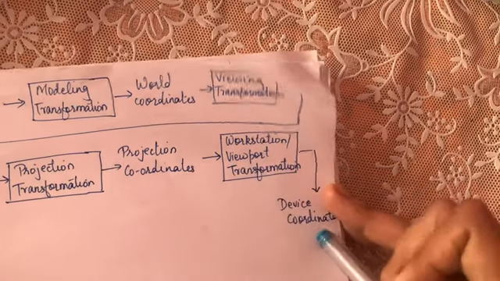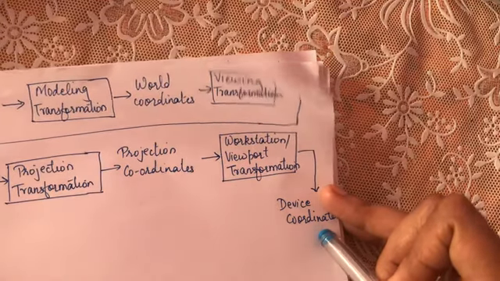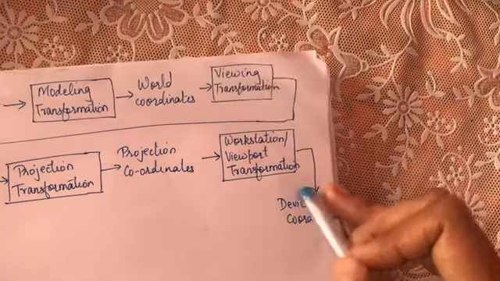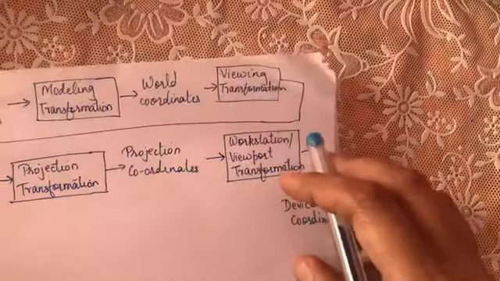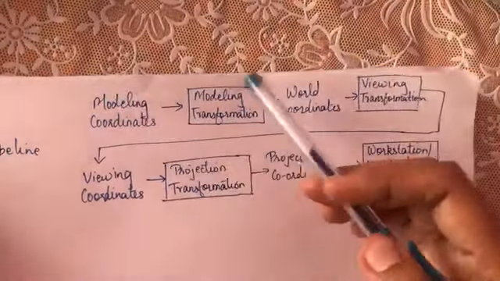That is where your device coordinates come into the picture. The cameraman will see this picture on the mobile phone in terms of device coordinates. So this was the example for the 3D viewing pipeline.